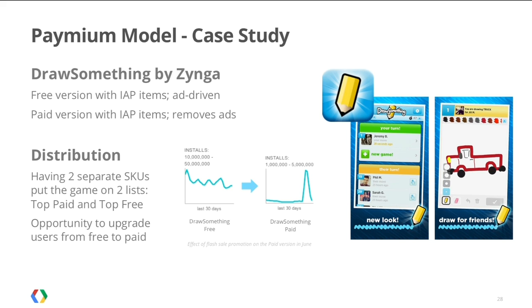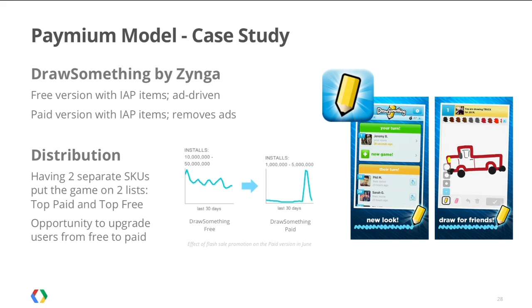So here's an example, and again, this is probably more rare than the common case, where they actually have two separate APKs, two separate titles published in the store, and so their title is exposed in two different lists. And because of the popularity of the game, they are in two lists, both the top paid and the top free.